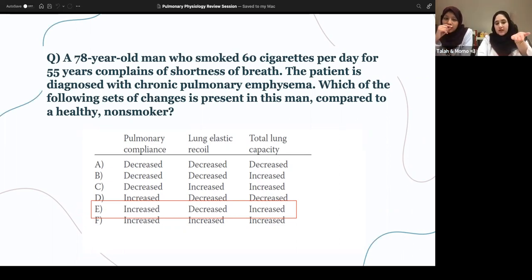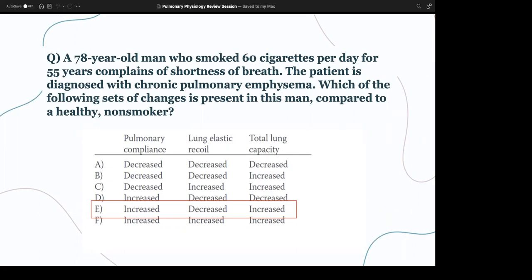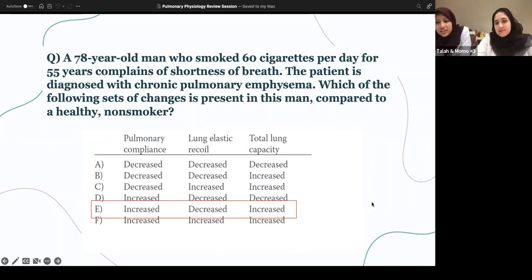The total lung capacity is increasing because of the air that is getting stuck inside the lungs, so it increases the compliance of the lung because it affects the alveolar walls. Okay, thank you. Because someone said that because you have increased compliance, you can have a higher volume because it can expand.